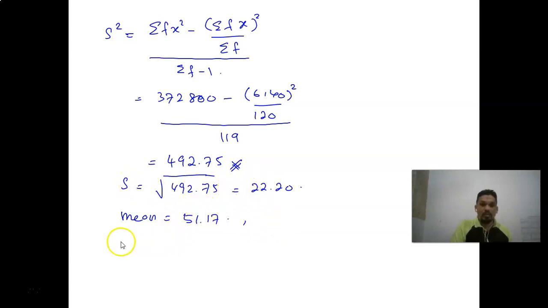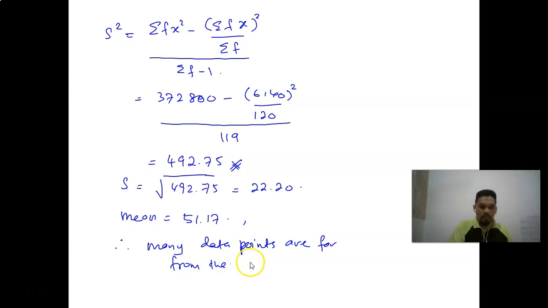So we're going to come up with a conclusion. We look at this standard deviation and mean. So many data points are far from the mean. The standard deviation is very far from the mean.